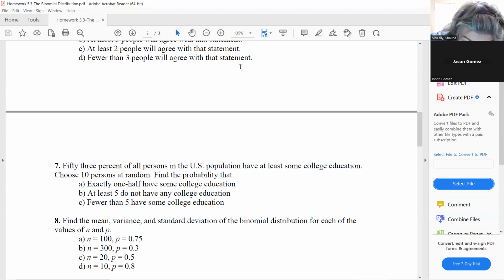You haven't tried C yet. Okay. Fewer than 5. In this case, we're accumulating, but we're not accumulating 5, and we're starting from 0.